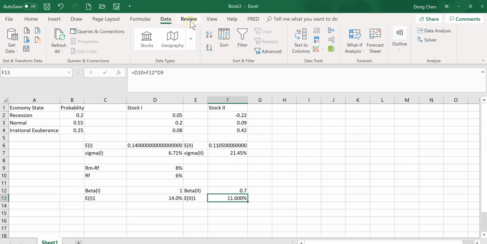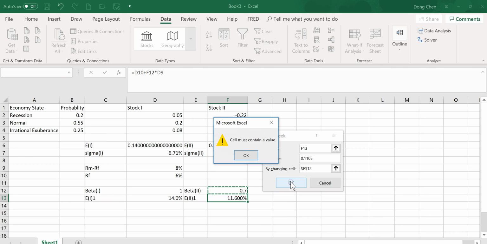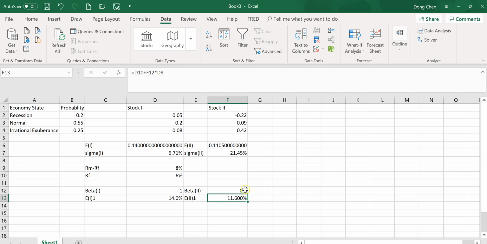Okay, so again, Data, What-If, Goal Seek, set cell F13, that's exactly the cell, to be equal to 0.1105, by changing cell, the beta for the second stock. Oh, what happened here?